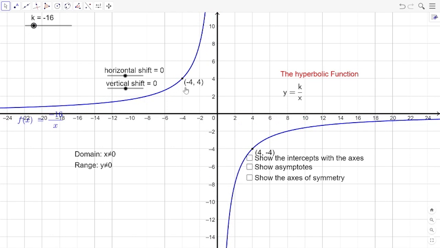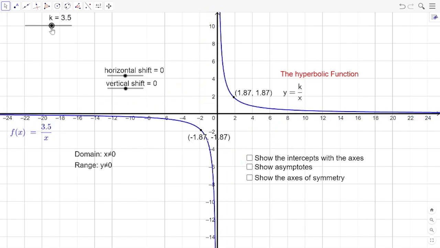The reason it's in those two quadrants is that y is k over x, so x times y is k. If k is negative, then we need a positive x with a negative y, which happens in quadrant 4, or a negative x with a positive y, which happens in quadrant 2.